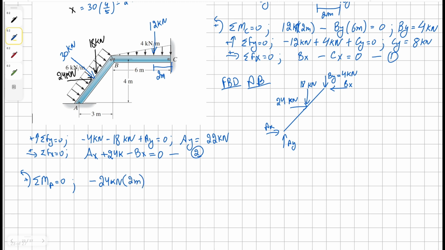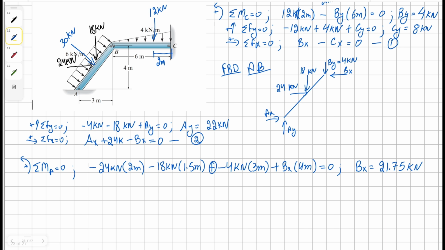Then we have clockwise 18 kilonewton, and it's 1.5 meters away. Then we have our By, which is 4 kilonewton, and it's clockwise, and it's 3 meters away. And finally, we have our Bx, which is counterclockwise, and it's 4 meters away, all equals to 0. Solving for Bx, we get our solution as 21.75 kilonewton.